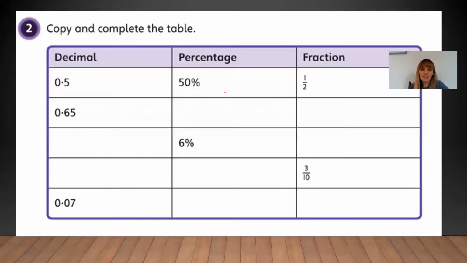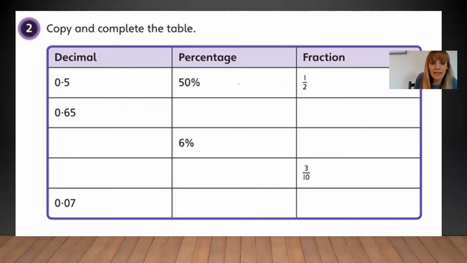Okay, and last think together, we're looking at a table here, a comparison table of how to convert from decimals to percentages to fractions. Now, the first one has been done for us. The decimal is 0.5, which, if we write that as a fraction, over here is 1/2.